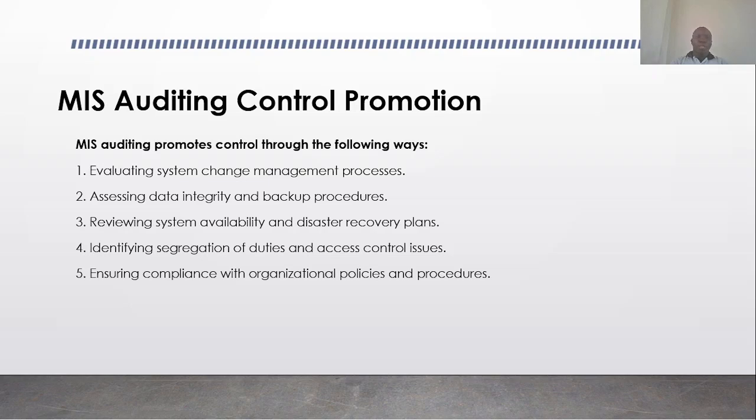One is evaluating system change management process, assessing data integrity and backup procedures, reviewing system availability and disaster recovery plans, identifying segregation of duties and access control issues, ensuring compliance with organizational policies and procedures.